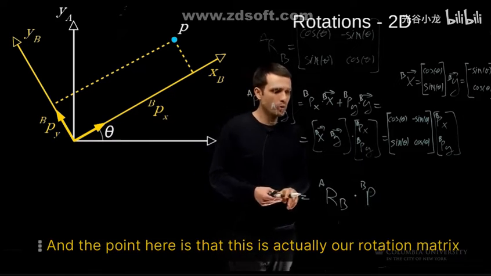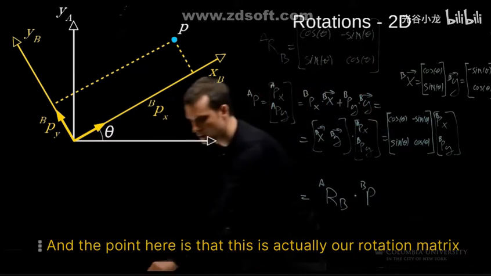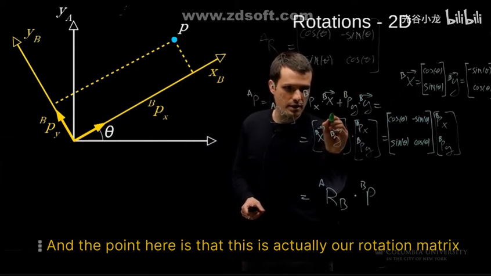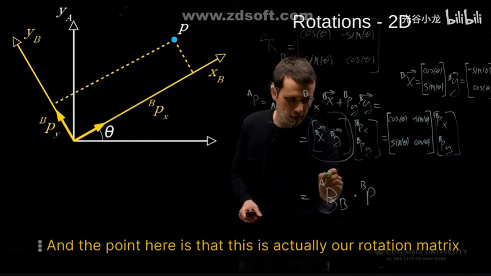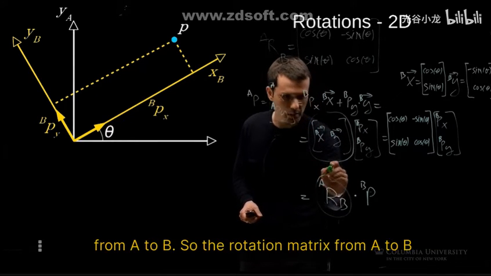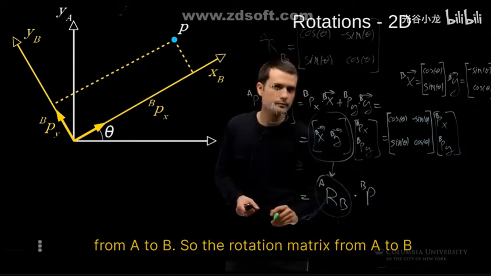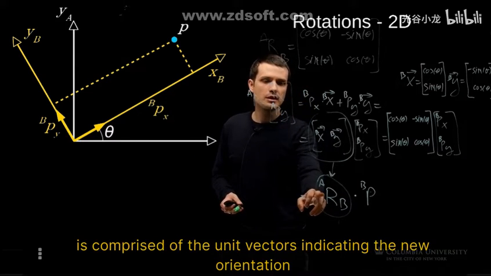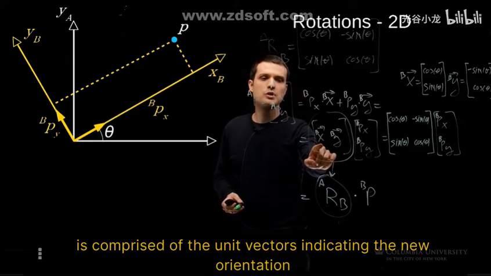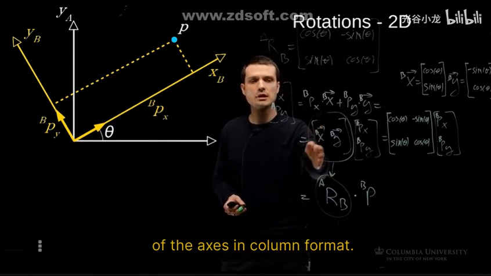Okay? And the point here is that this is actually our rotation matrix from A to B. So the rotation matrix from A to B is comprised of the unit vectors indicating the new orientation of the axes in column format.